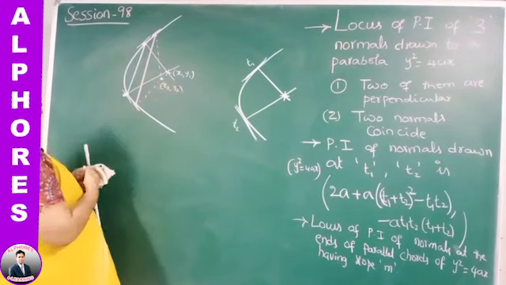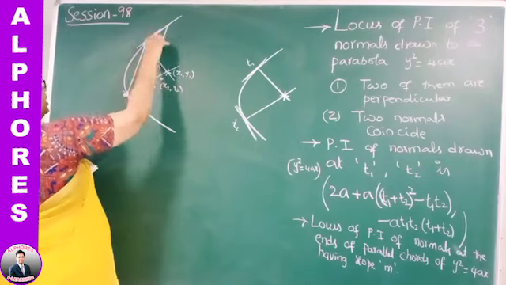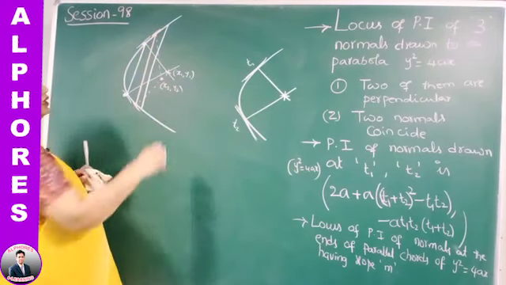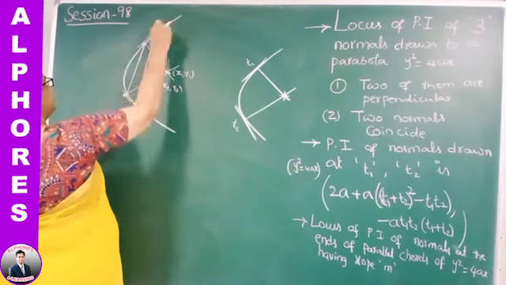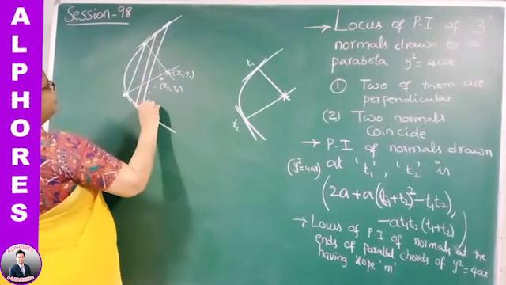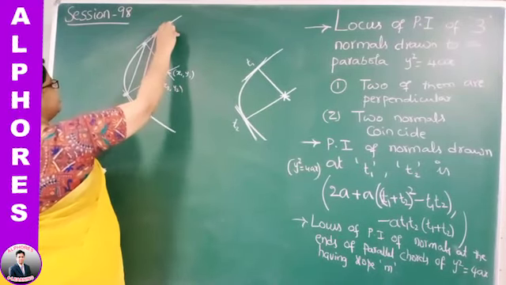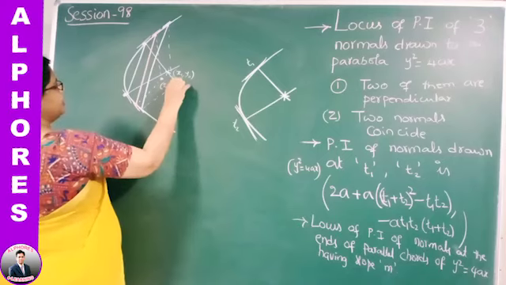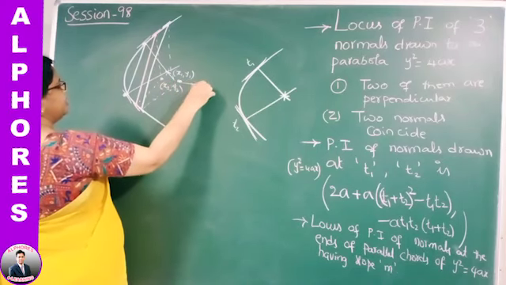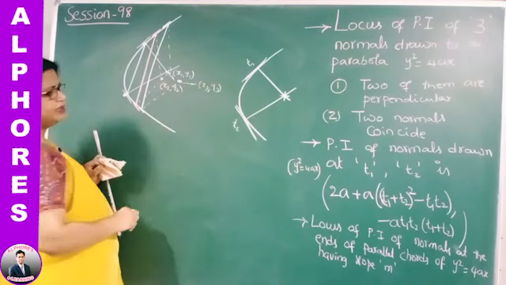Now another parallel chord you consider, this is the other chord, and again you draw a tangent here. Now the normals we are taking, suppose these two normals intersect at some other point, x3 y3. What is the question, students?